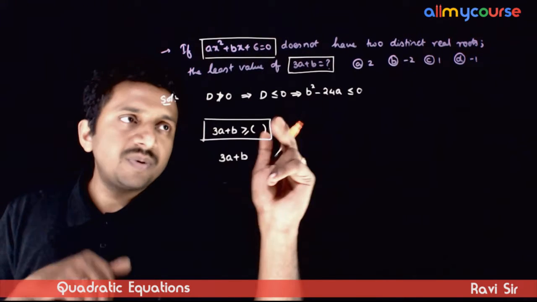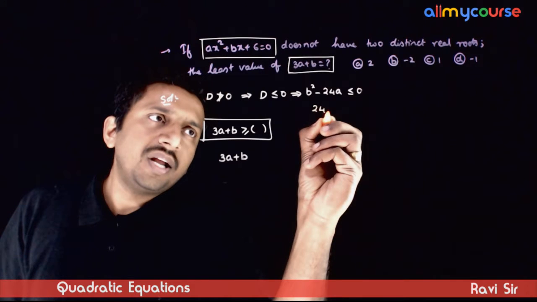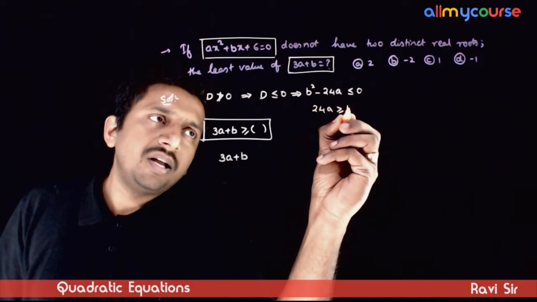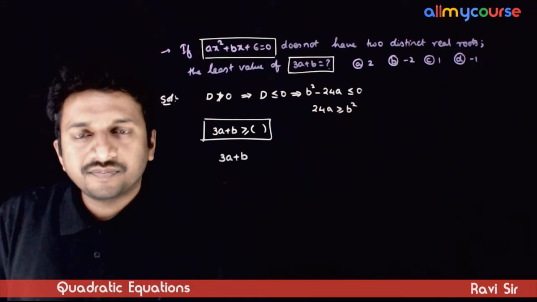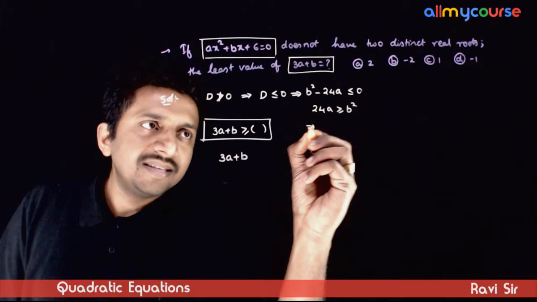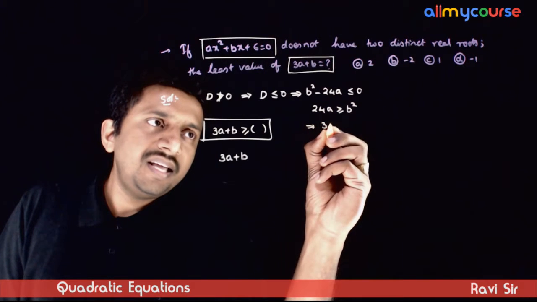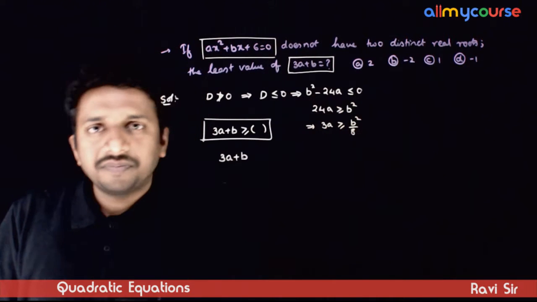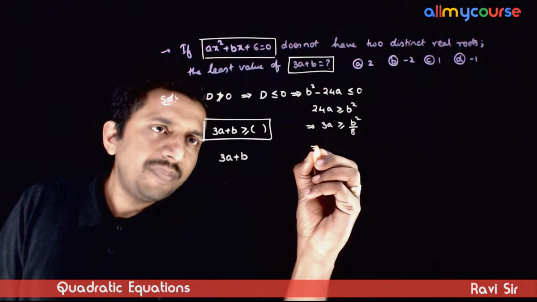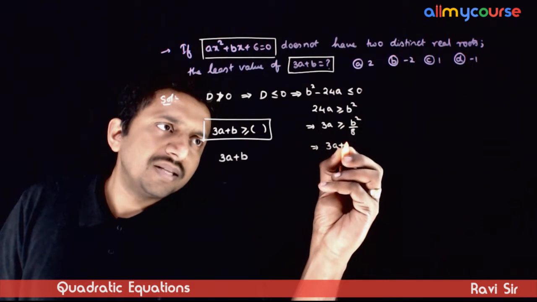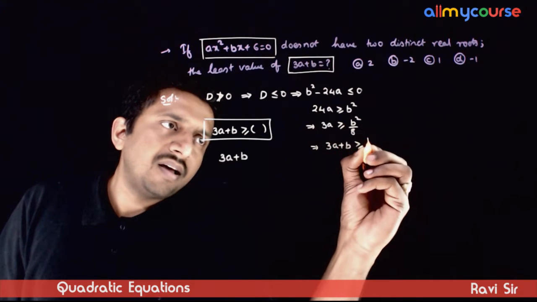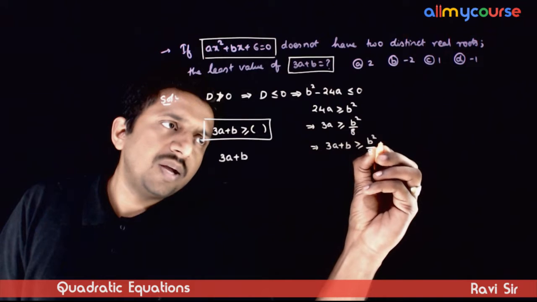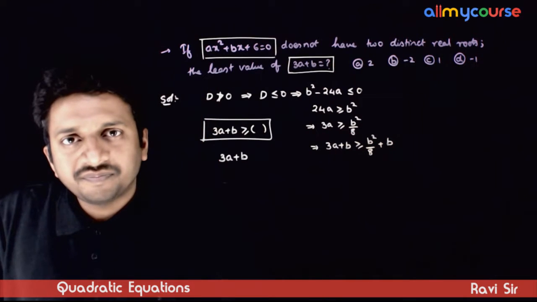So from this expression, 24a is greater than or equal to b square. This implies 3a is greater than or equal to b square by 8. This implies 3a plus b is greater than or equal to b square by 8 plus b.